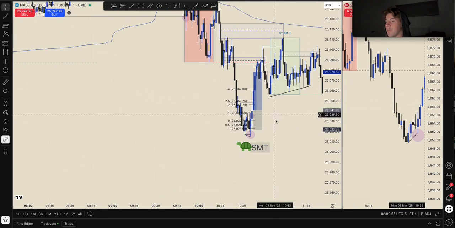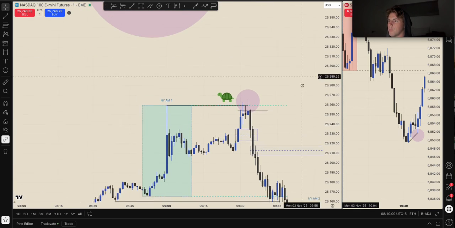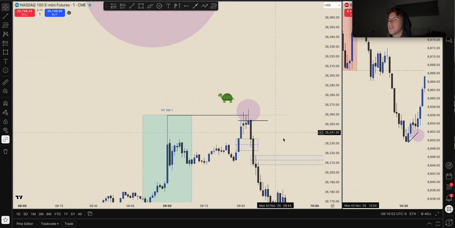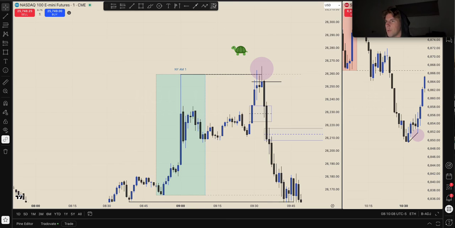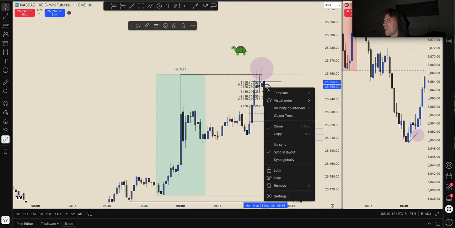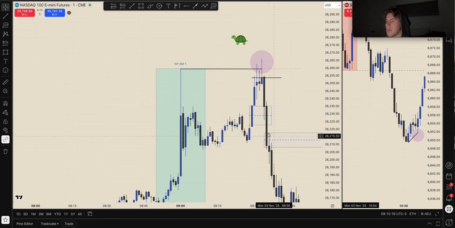But that down there is like a bread and butter model. This is not fully one because it did an SMT. If this was an SMT, this would also be bread and butter, but not the order block kind. Because as you can see, the order block would be like this, and it's not really adequate, is it? This one is an imbalance or fair value gap inverse version, you could say.